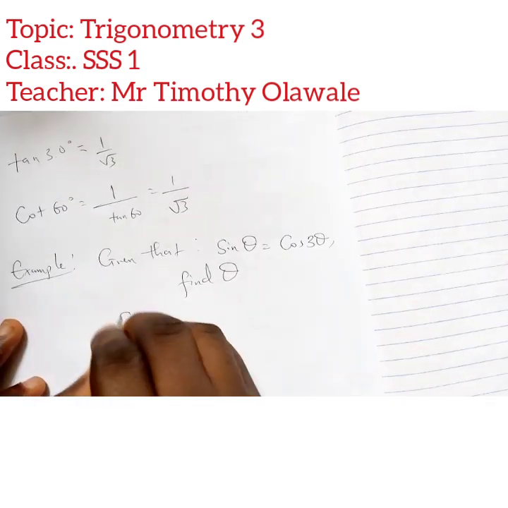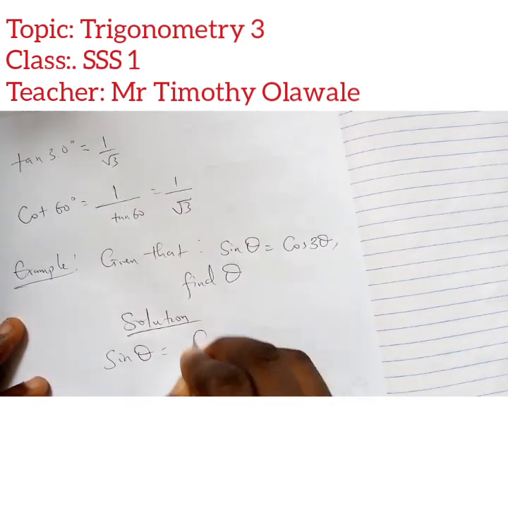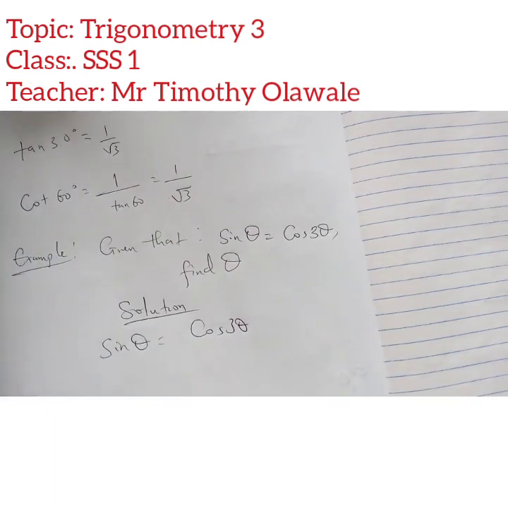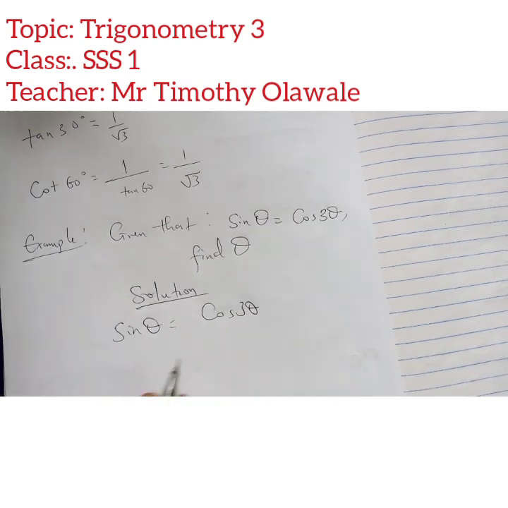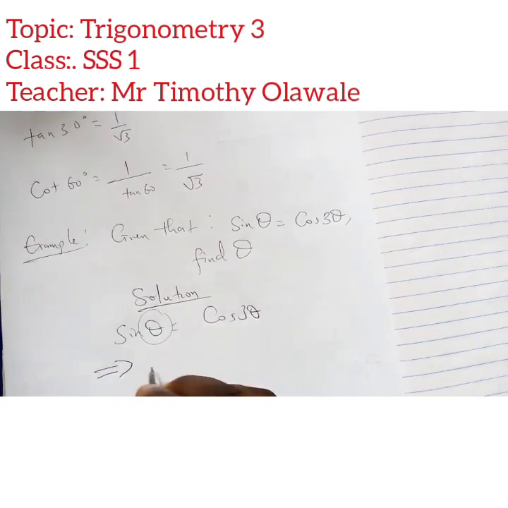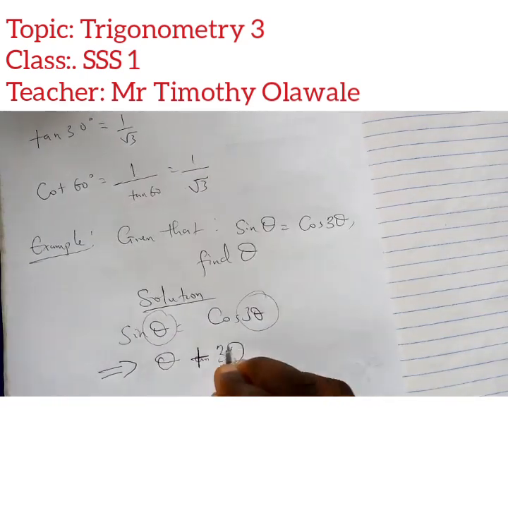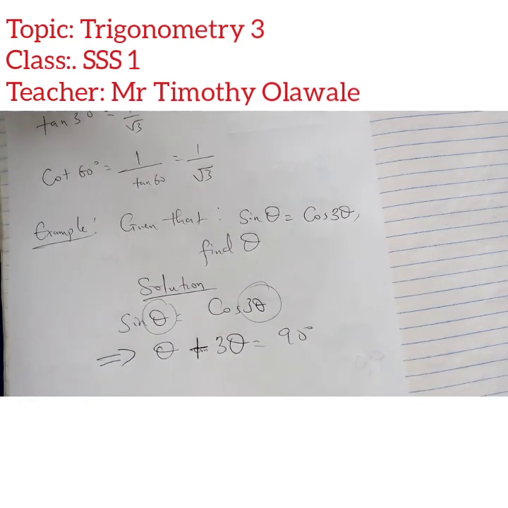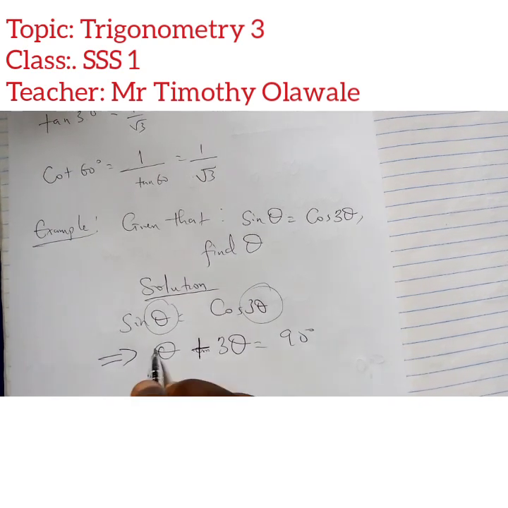Solution. We're told that sine theta equals cos 3 theta. What does that tell you? If the sine of something is equal to the cos of the other thing, it means the two angles are complementary. So theta plus 3 theta gives us 90 degrees.